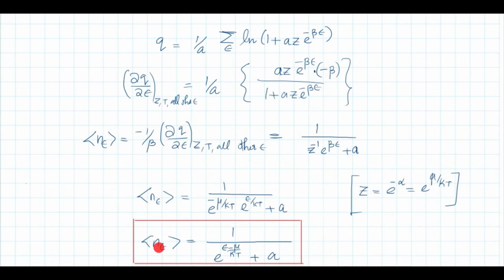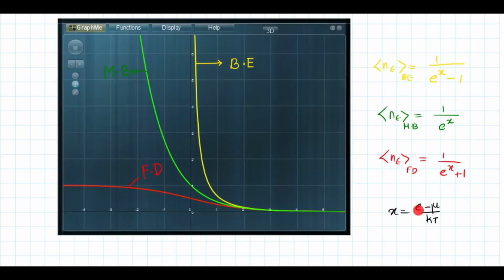Consider the plot of this occupation number versus this variable epsilon minus mu by kT. You call this epsilon minus mu by kT as x, then the expression for occupation number becomes n(epsilon) is equal to 1 divided by e raised to x plus a.